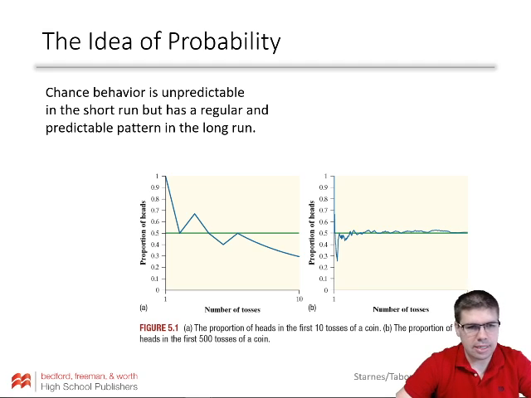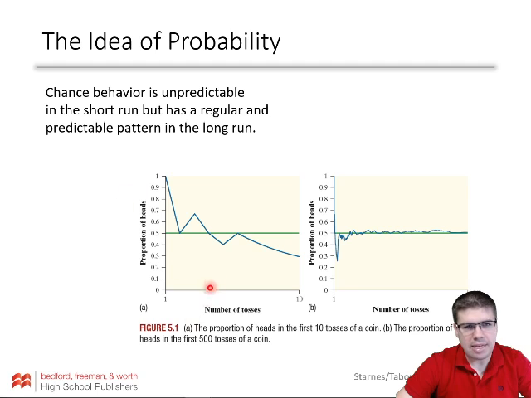However, we can see this here in this original chart, we see that over the short run we had a head. So in the first flip, 100% of our flips were heads. On our second flip, it ended up being 50-50, and then we had a heads and then tails. And when this line is going up or down, that's when we're getting heads or tails. So it's unpredictable.